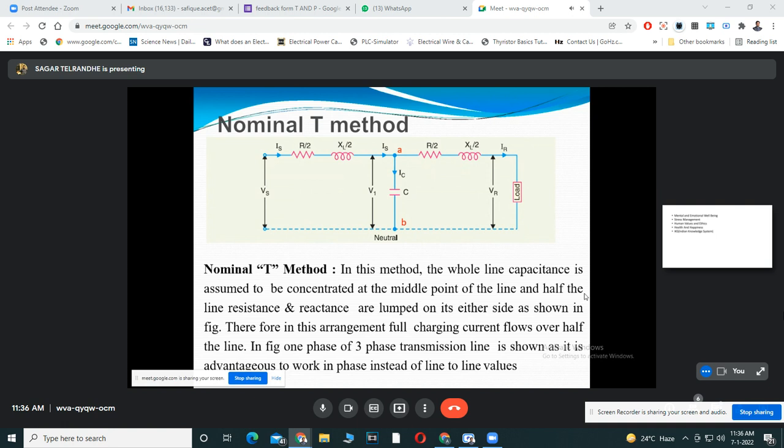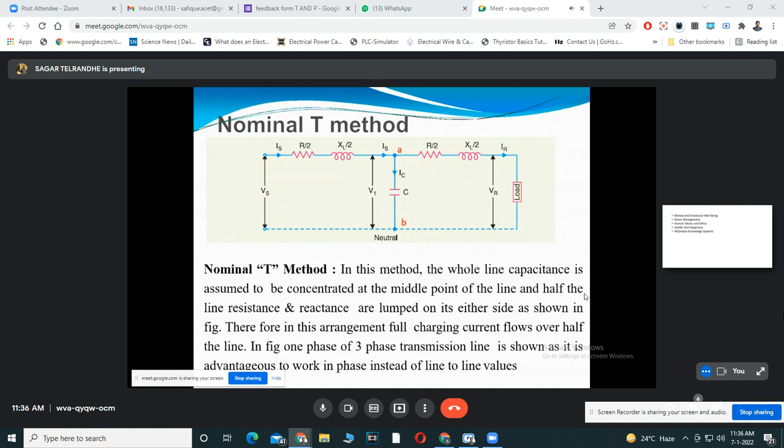And this capacitance divides the whole transmission line into two equal halves. Then we consider that these two equal halves consist of equal resistances and equal inductances.